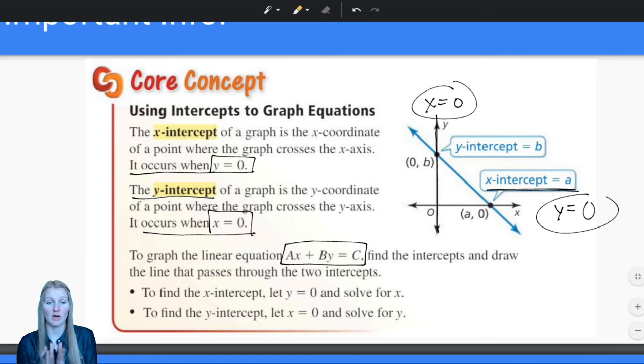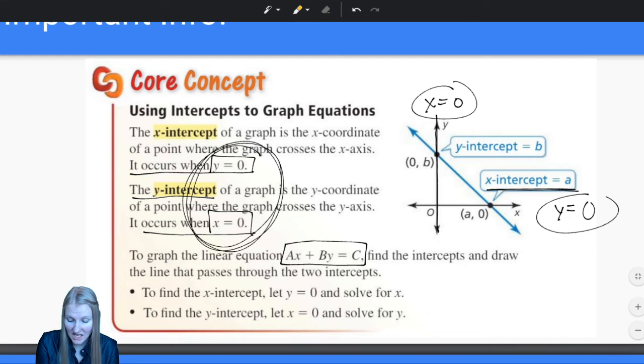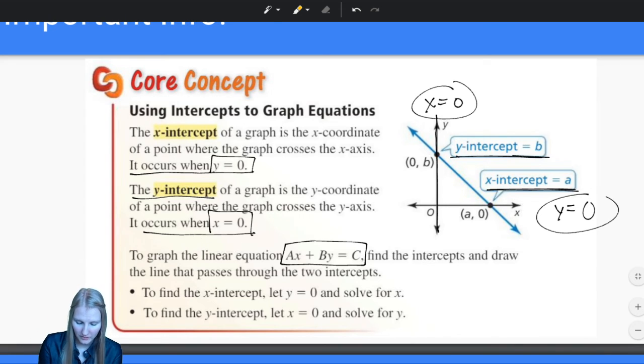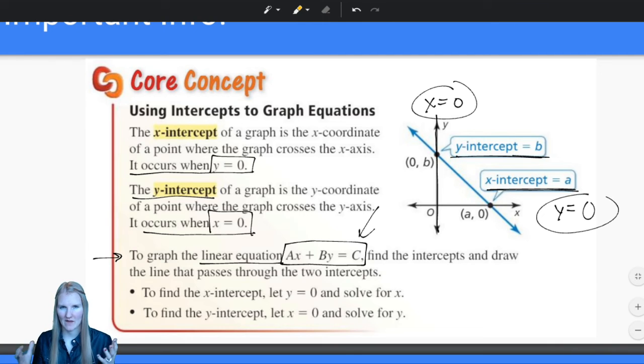This is very, very important because this is the key to finding the y-intercept and the x-intercept. So, to graph the linear equation, ax plus by equals c, we know that the graph is going to look like a line.